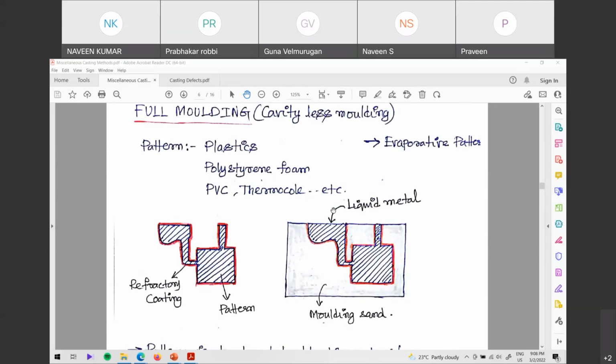The evaporation will happen here, right? So, you are saying that evaporative materials will be mixing with the metal casting. That is what your problem is. Okay. So they won't mix actually because they are very light density. Even though they're mixing, it won't affect much. It's very light density. They'll evaporate.